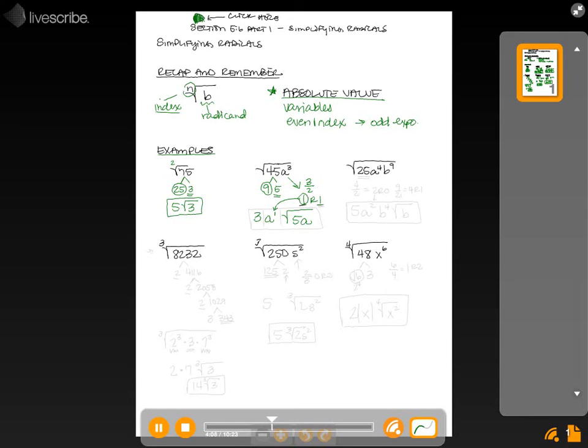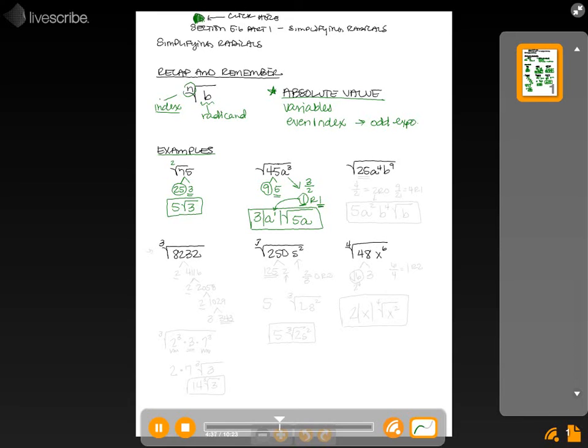So this becomes the exponent on what goes out in front, and this is the exponent on what stays underneath. Now, since we have a variable, we need to check for absolute value signs. We have an even index. Our index is 2, and we have an odd exponent on our answer. So a needs to go in absolute values. And then here is the answer to our problem. 3 times the absolute value of a, square root of 5a.